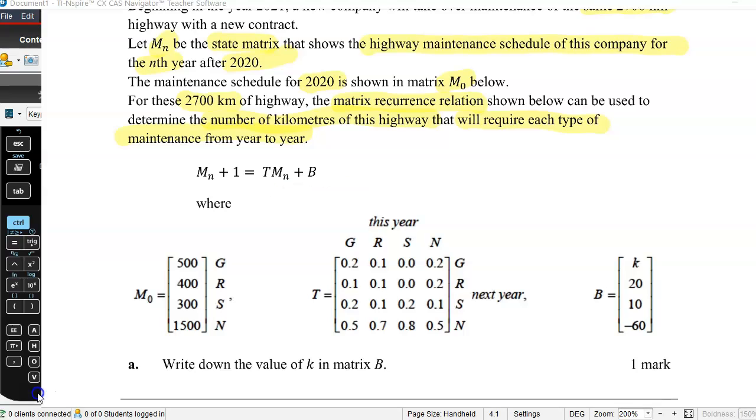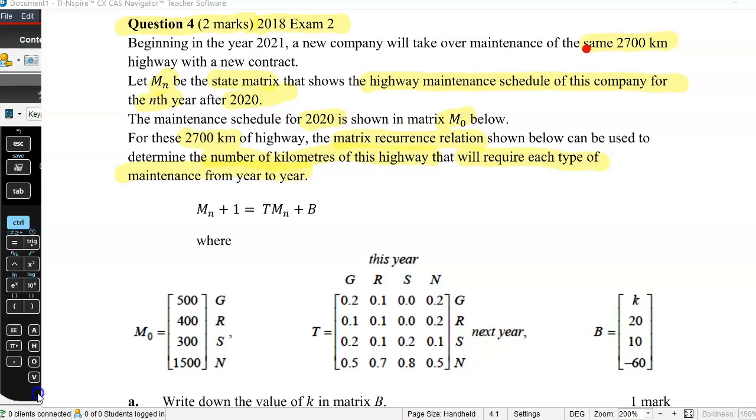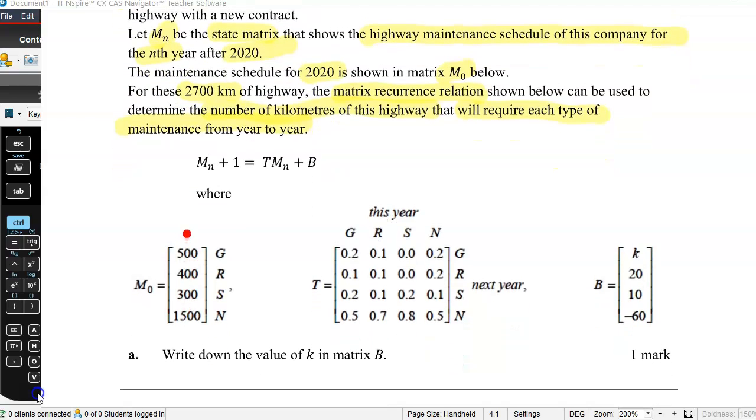Now, you'll notice here that B, we don't know all of it. What we do know is that it's always 2,700 kilometres of highway that they are going to have to maintain, right? It's never more, never less. Now, this might end up being configured a bit differently.